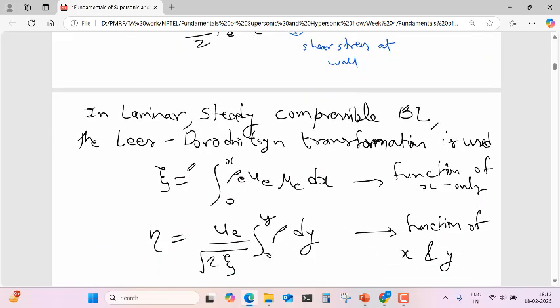So xi is given by integration 0 to x of rho e ue mu dx, and eta is given by eta equal to ue upon under root 2 xi, integration 0 to y rho dy. If you see this xi equation, it is a function of x only. And this eta is a function of both x and y, since it is a function of y and xi is a function of x.